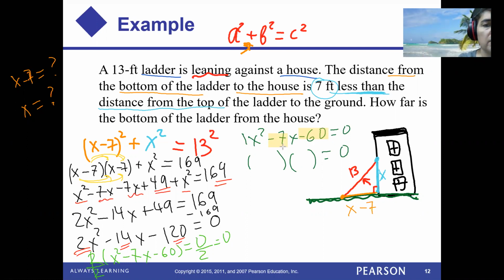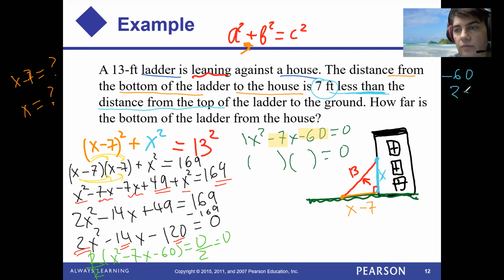Let's say blue. Okay, so I need to get negative 60. Negative 60 is our goal. What makes 60?